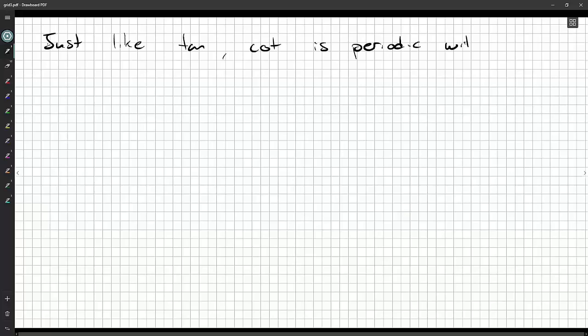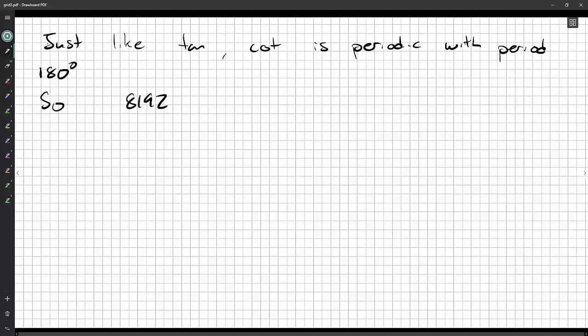Now, just like tangent, cotangent is periodic, that is, it repeats with periods. So how long does it take till it starts repeating? In degrees, it'd be 180 degrees.